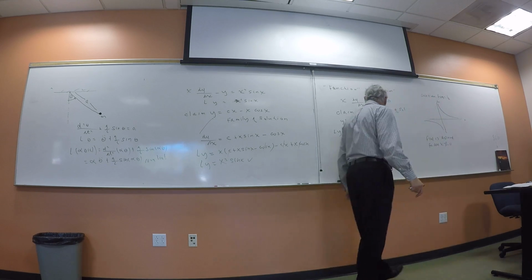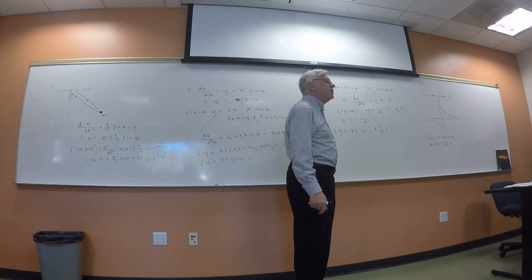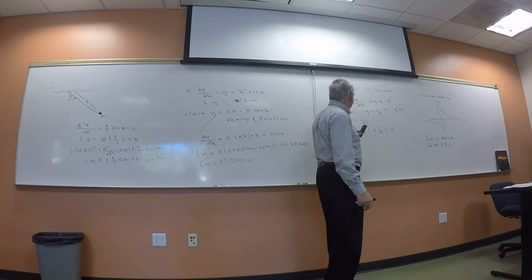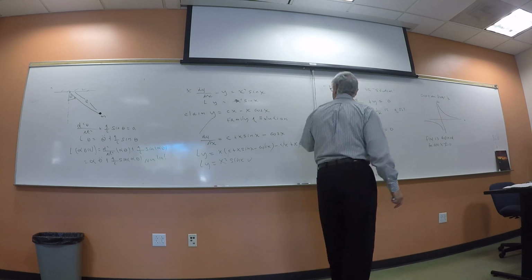Now, to make this a little more concrete, let's look at what's called the initial value problem. I'm going to give you a requirement that the differential equation not only be satisfied, but also has to go through a certain point. Okay, let's do that.